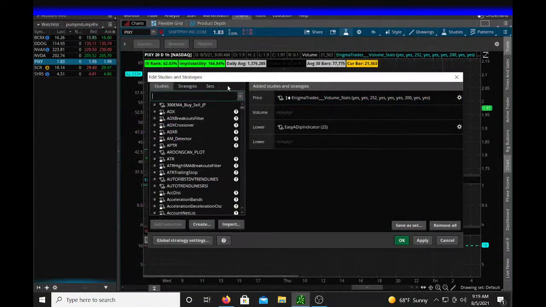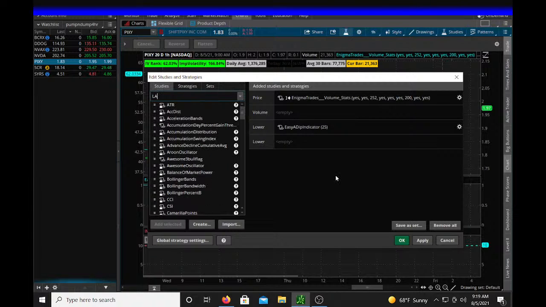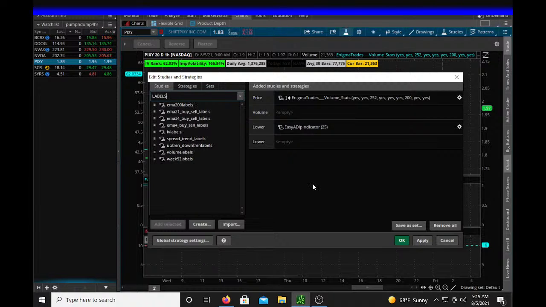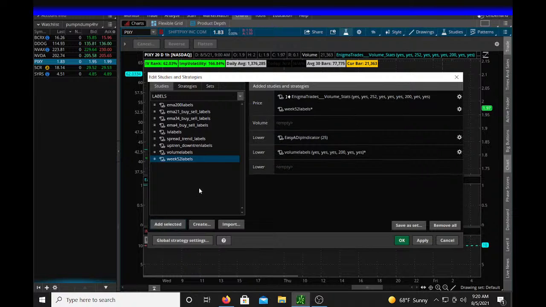All right. So now let's go in and find labels. Let's see, we've got our IV labels, uptrend, downtrend labels, volume labels. Those down here. We've got our 52-week labels.